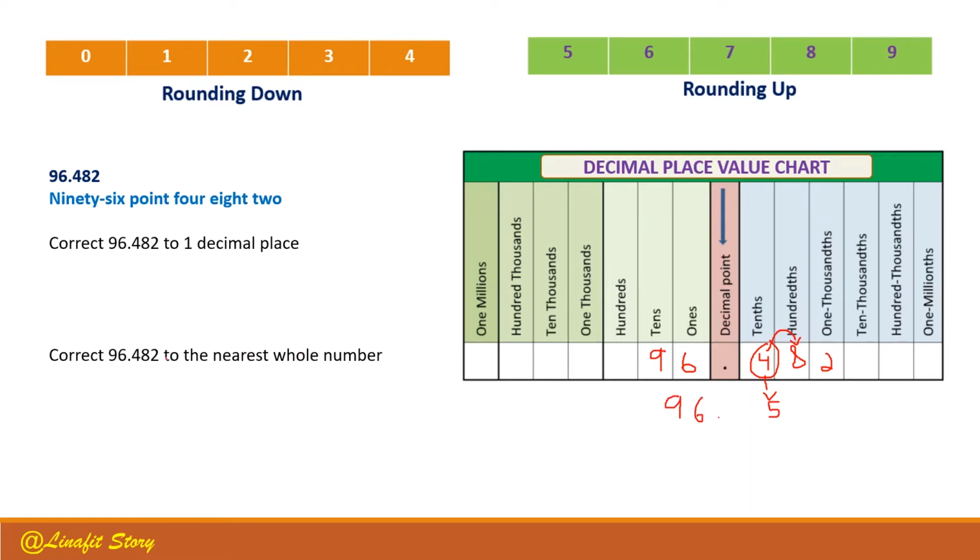How about to the nearest whole number? First, identify the digit in the ones place. The next digit after 6 is 4. 4 is less than 5, so round down.